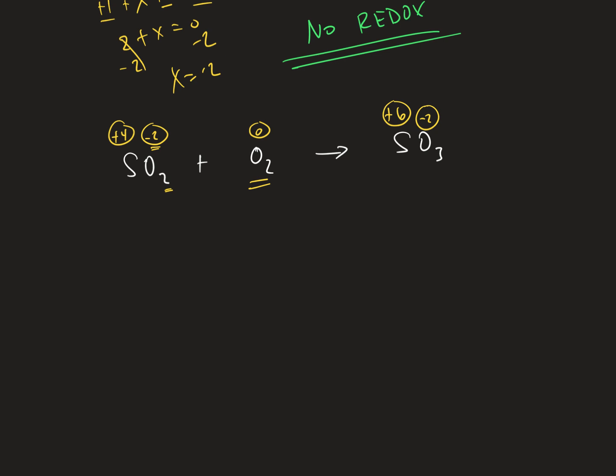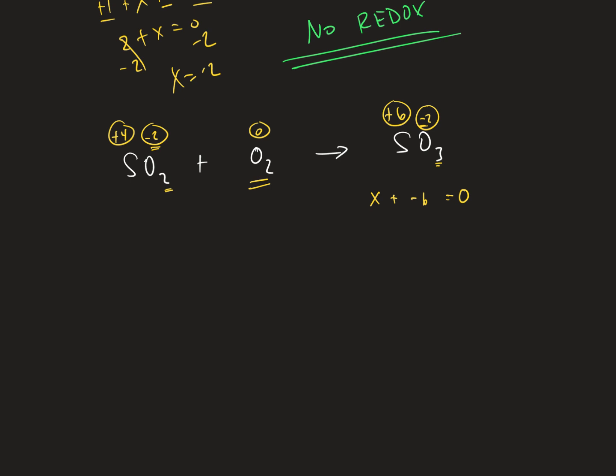I don't see any charge right there on SO3, no charge. Do you see that? There's no positive or negative on the upper right-hand corner, so its charge is 0. That means the sum of the oxidation numbers has to add to 0. So the oxidation number for oxygen is -2, right? But there are 3 of them, so that's -6. Plus whatever it is for sulfur has to equal 0.